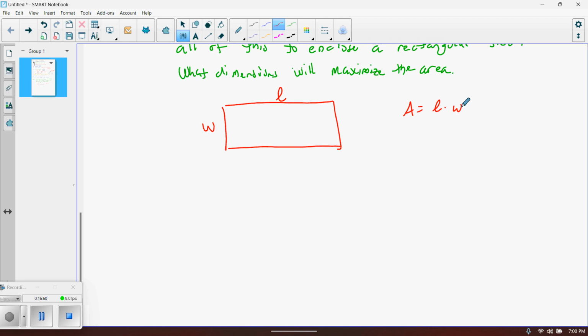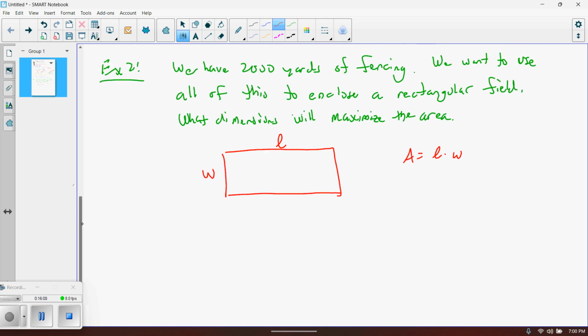The biggest thing we need to do is put all of this into terms of one letter, because right now you've got length and width, and those are both independent, because both of those things determine the area. We want to put it into terms of one variable. Well, there's some other information in the problem. They tell us that we have 2,000 yards of fencing to deal with.